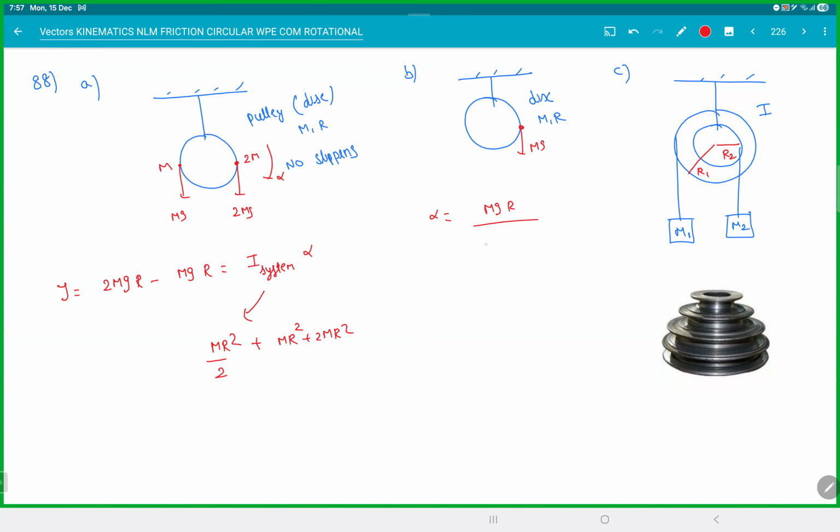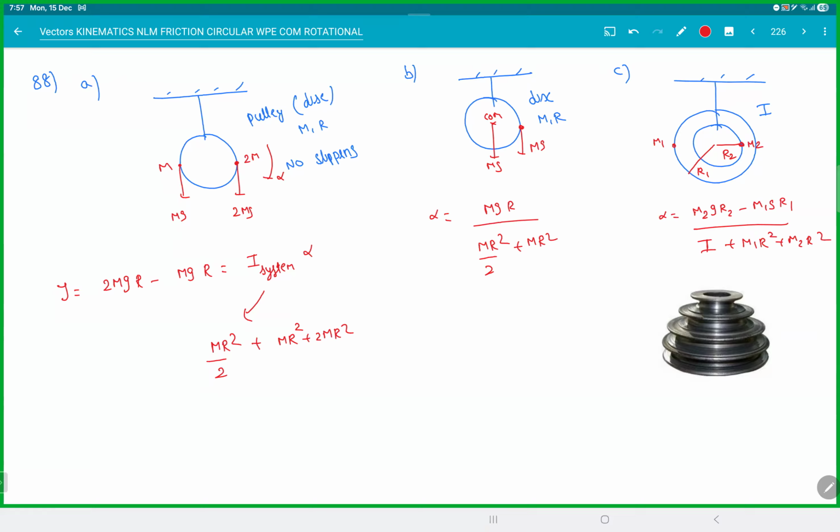By total moment of inertia, we have a disk plus that particle. So you are actually treating that particle as part of this. You always take torque about the center of mass. So the pulley's weight will not create any torque about that. Same story here, replace with two particles, m2 and m1, and then we will get alpha is equal to m2 g r2 minus m1 g r1 by the moment of inertia of that thing, which will be I plus m1 r1 square plus m2 r2 square.